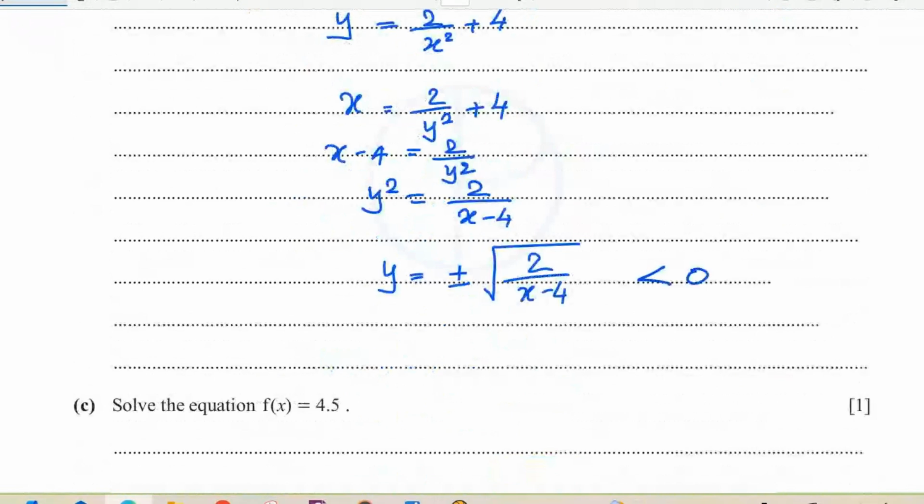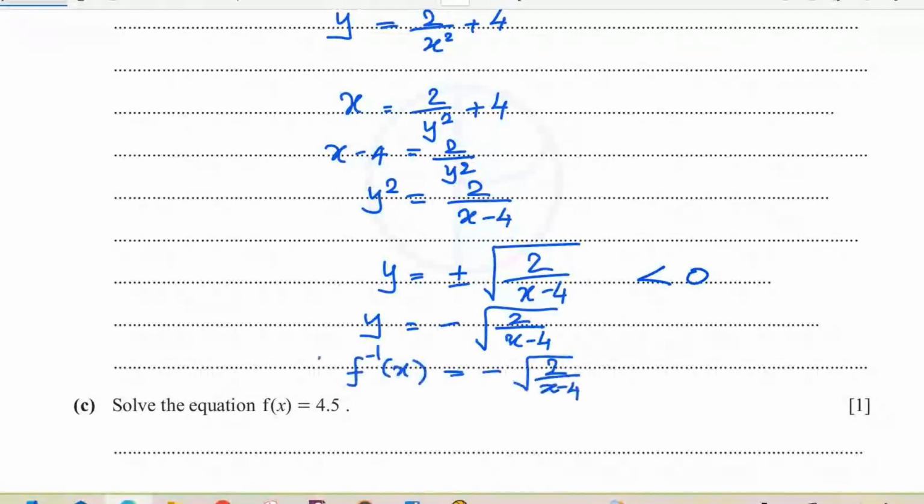So the y value which satisfies the less than 0 condition is y equal to negative square root of 2 over x minus 4. Now replace y by f inverse, so you get f inverse of x equal to negative square root of 2 over x minus 4. This is f inverse of x.